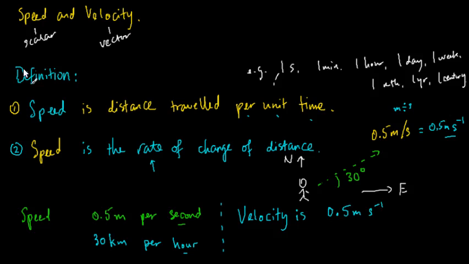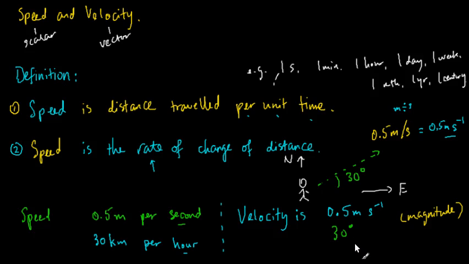So that's my magnitude, and you must give the direction as well. Now, but how do I give the direction? Can I just say 30 degrees? Can I just say my velocity is 0.5 meters per second at 30 degrees?